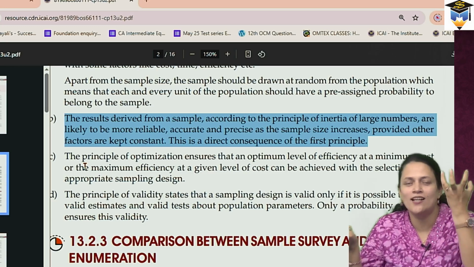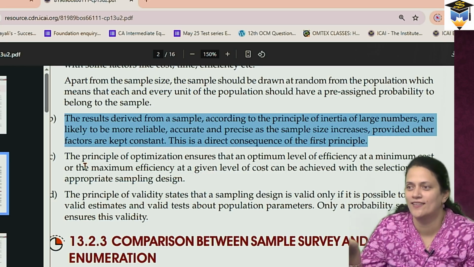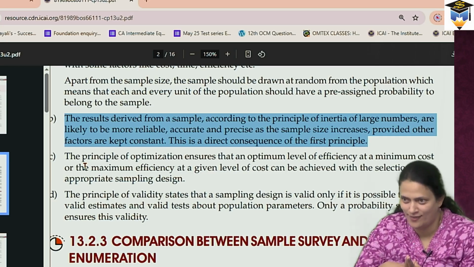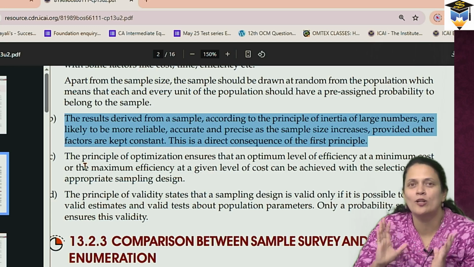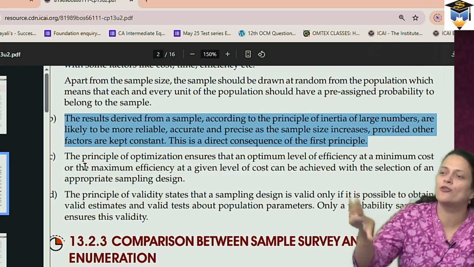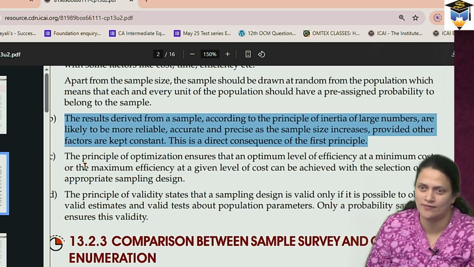So the lower the cost, the greater the efficiency. Can we say that? Efficiency and cost don't go hand in hand at all. Okay, but generally what does our government try to do? With minimum cost we have to get maximum results. That is the principle of optimization.